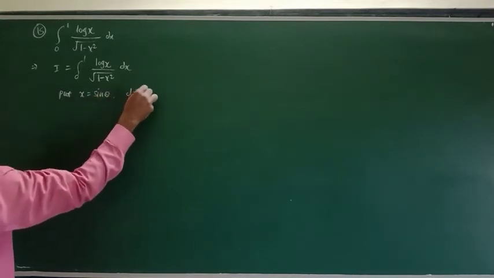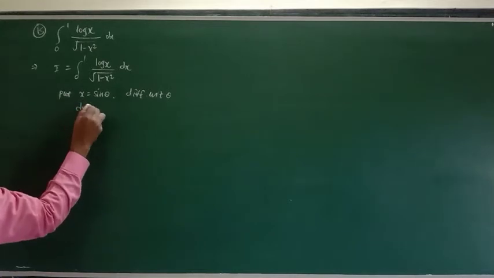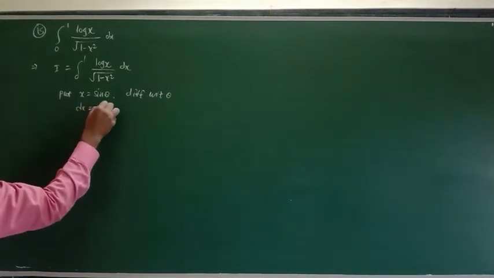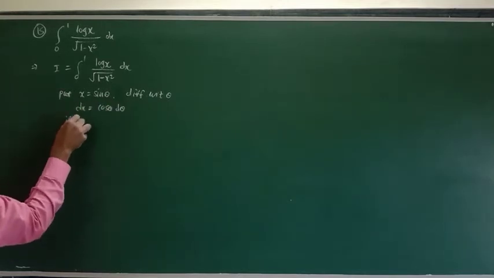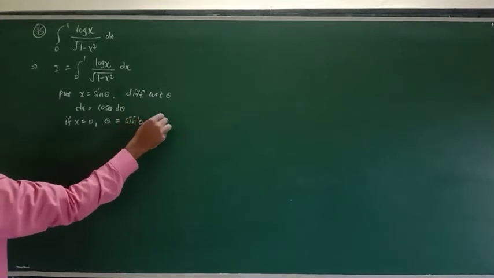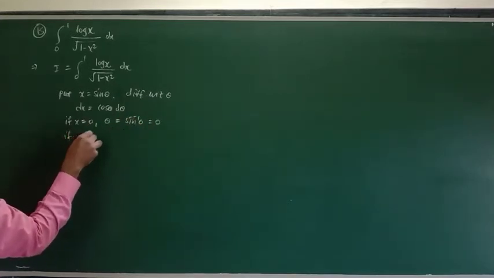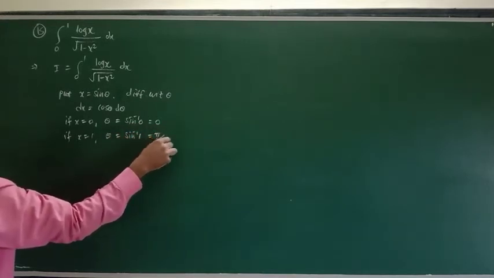Then differentiate with respect to theta. So dx is equal to the derivative of sin theta, cos theta d theta. If x is equal to 0, theta is equal to sin inverse 0, which is 0. And if x is equal to 1, theta is equal to sin inverse 1, which is pi by 2.